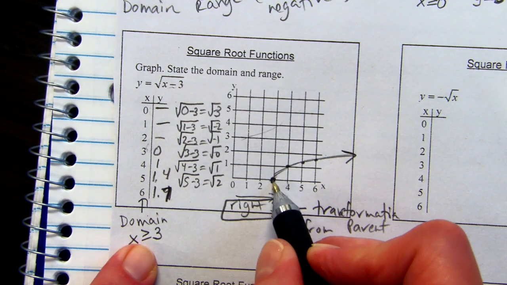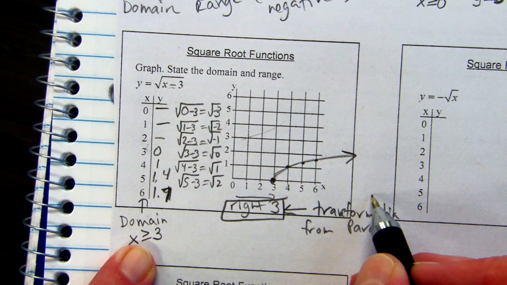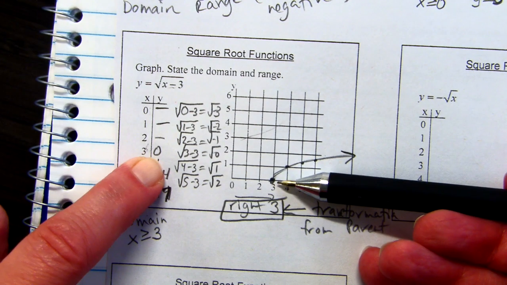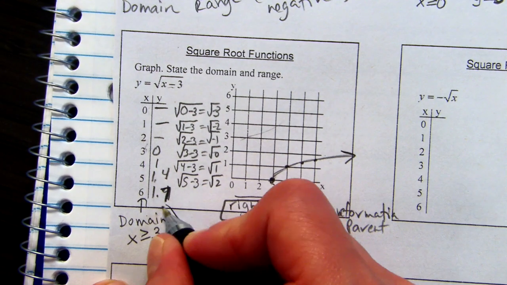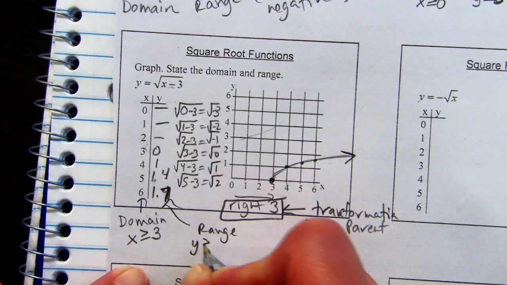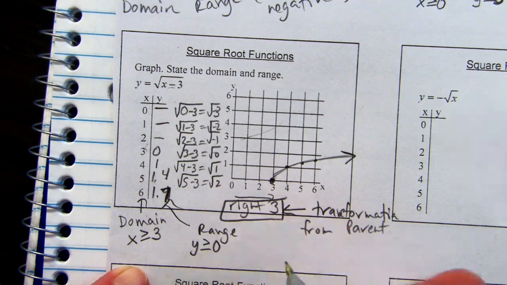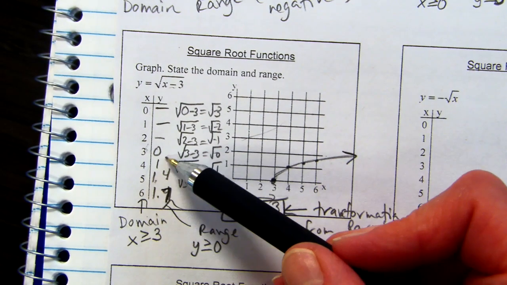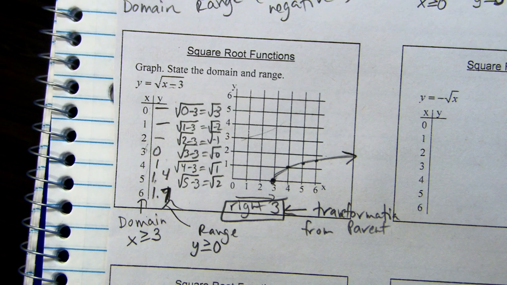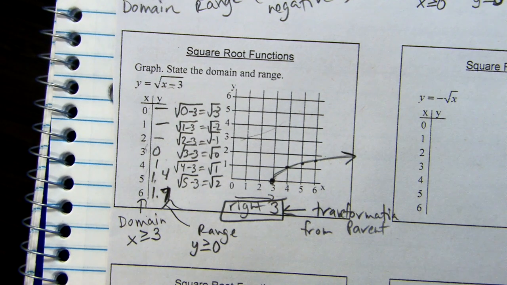So my domain now is x greater than or equal to 3, or you can say 3 to infinity. My range starts at 0 and goes up. So I can say for the range that y is greater than or equal to 0. Those are the numbers that we're getting as output.